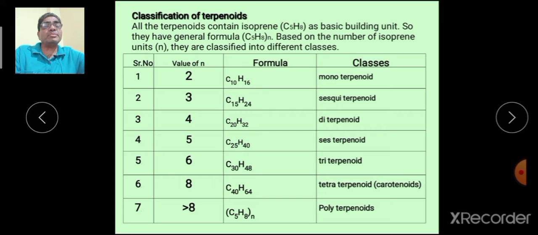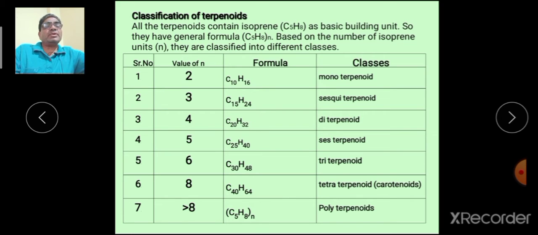The formula becomes C15H24. When four isoprene units are present, then it is known as a diterpenoid, having the formula C20H32.